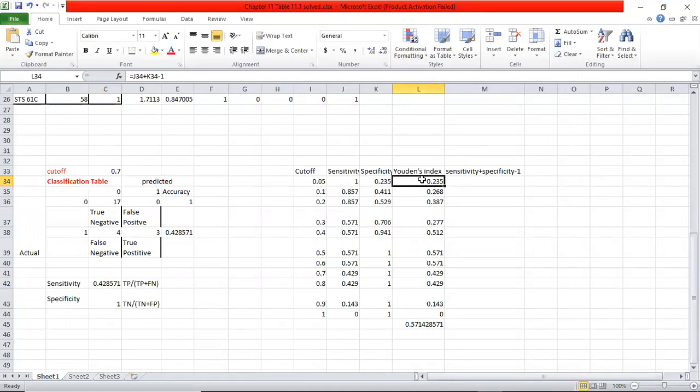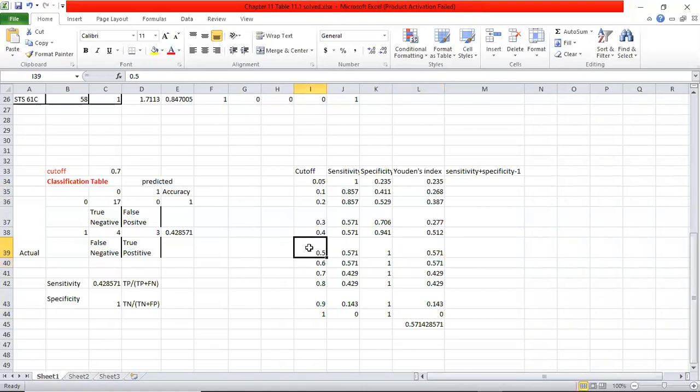For different values of cutoff probability, I found Youden's index here. If you observe this table, I have the maximum value between 0.5 and 0.6. So if I take the cutoff probability between 0.5 and 0.6, I'll get better accuracy in the model.